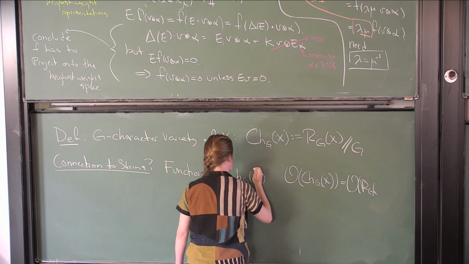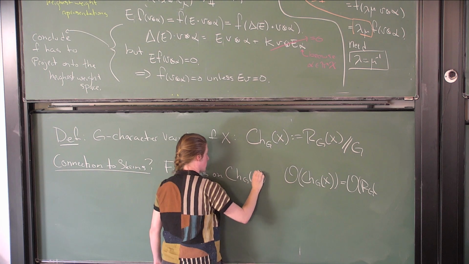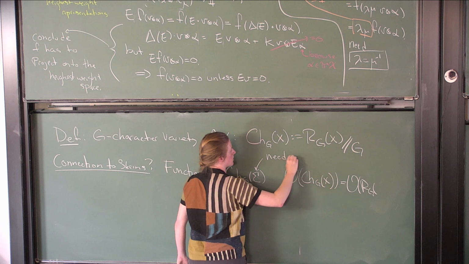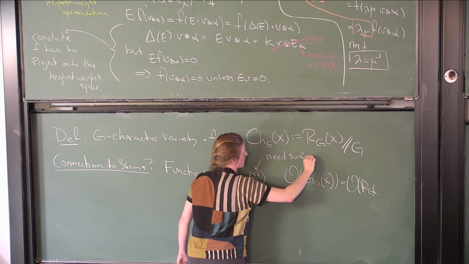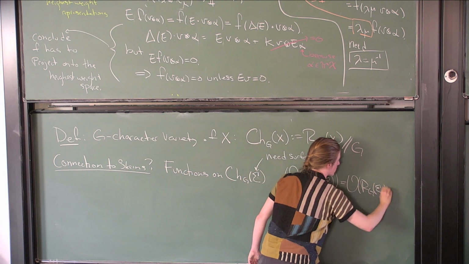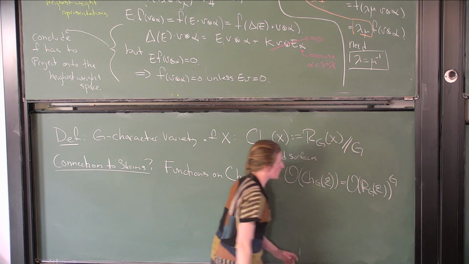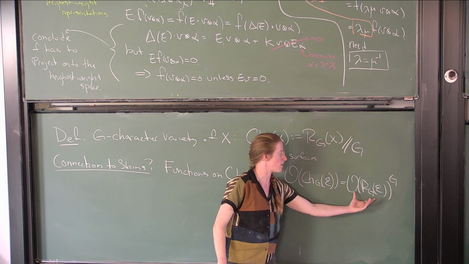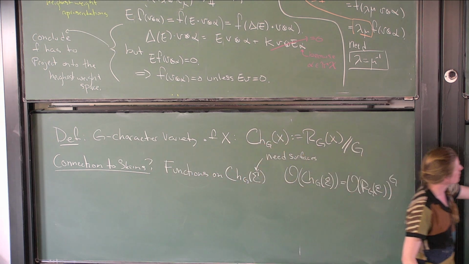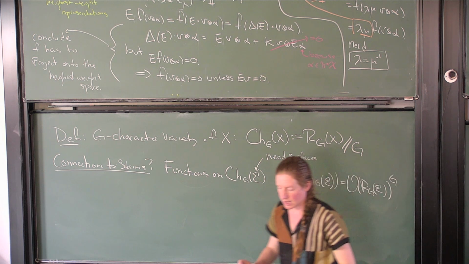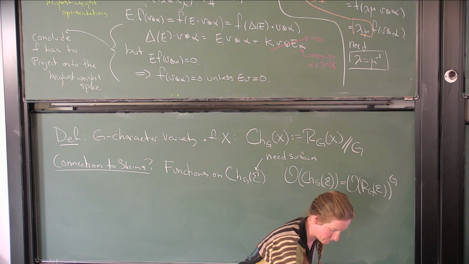Now we need surfaces for this part of the story. So sigma. Let's start thinking about the functions on the character variety. I'm going to be thinking about functions on this whole larger representation variety, and I'll just at the end check that I have only the invariant ones.